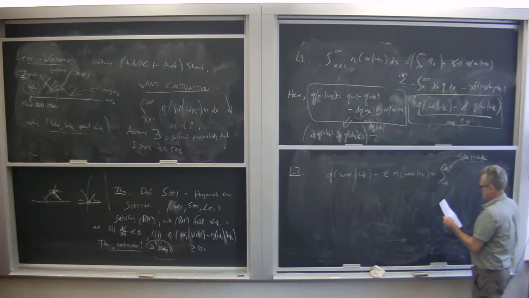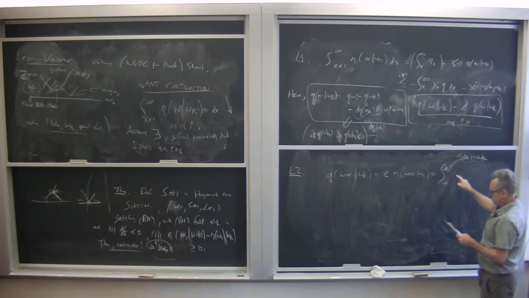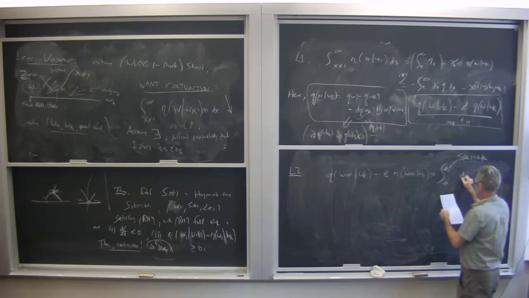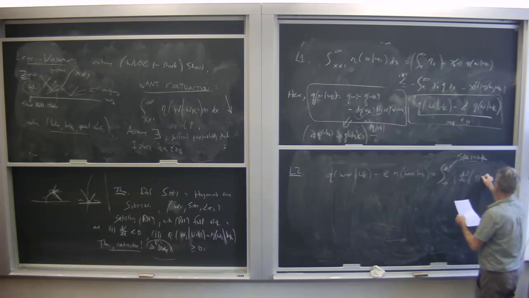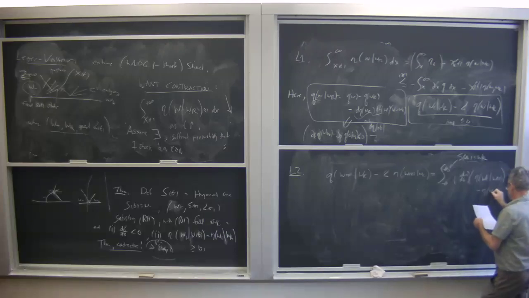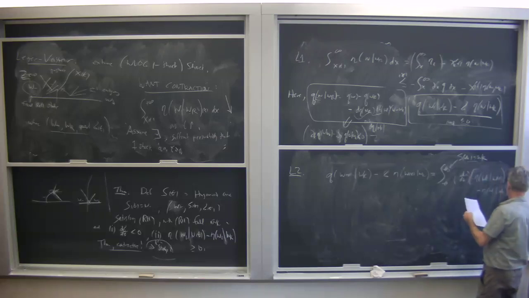This is a little tricky. D sigma over D theta times eta of WL W of theta minus eta of WL WR, D theta.